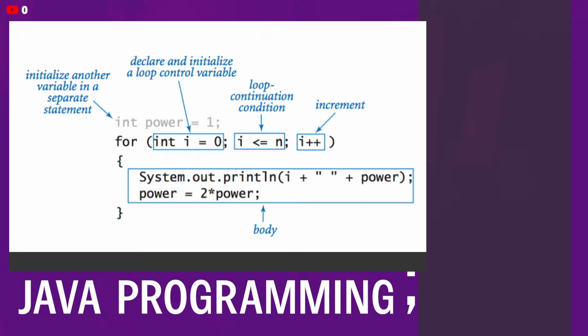For each number through the incrementation, we're printing the number, concatenating it with a space, and giving it a power value, and then we're multiplying that power by 2.